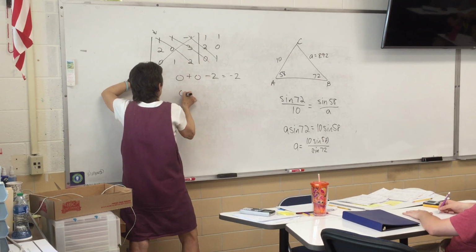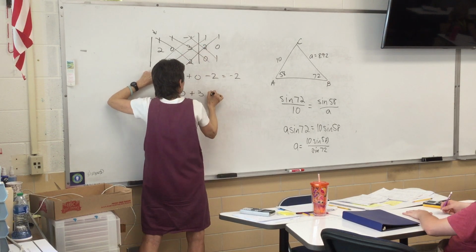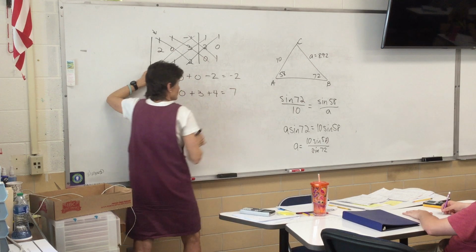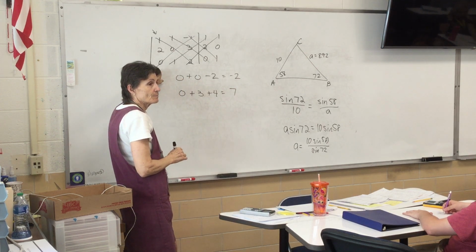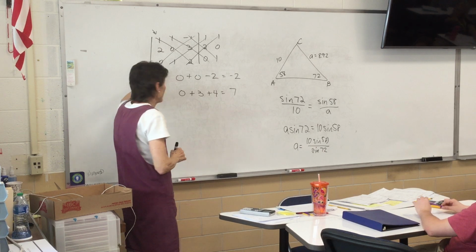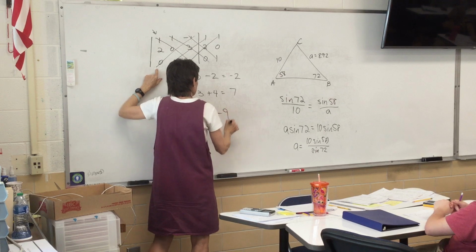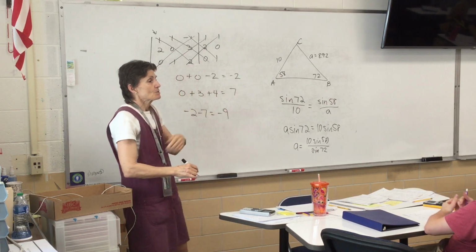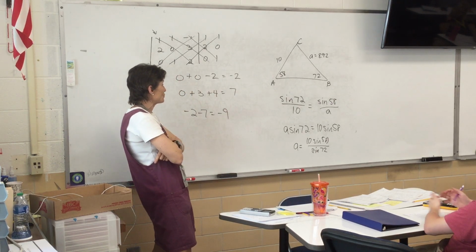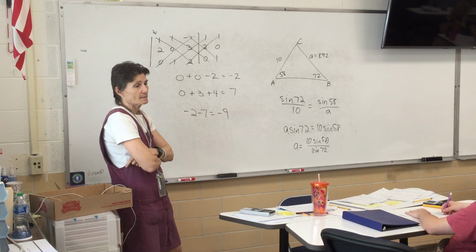I got a 0, a 3, and a 4, which adds up to 7. And then what do I do with those two numbers? Subtract them. We subtract them. So our answer is -2 minus 7, which is -9.